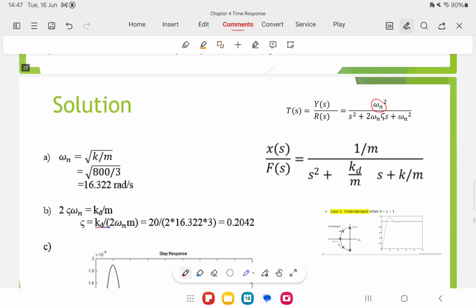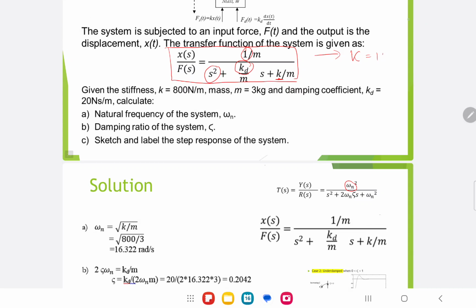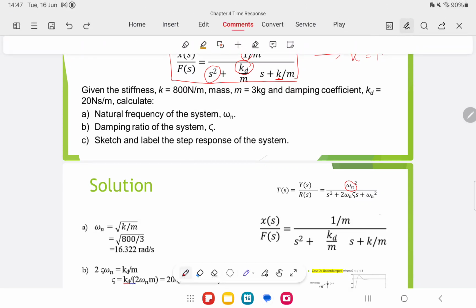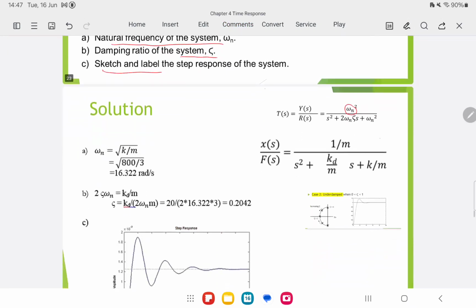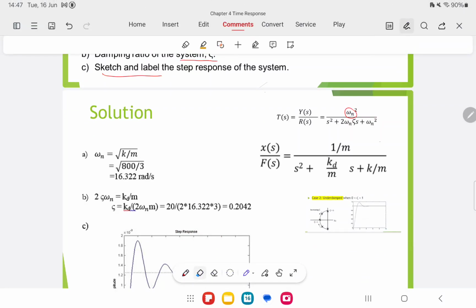So macam mana kita nak solve soalan dia? Dia suruh kira apa? The question nak natural frequency omega n and also the damping ratio. Lepas tu sketch. Okay, so yang ini is fixed. Yang formula with the omega n is the fixed.